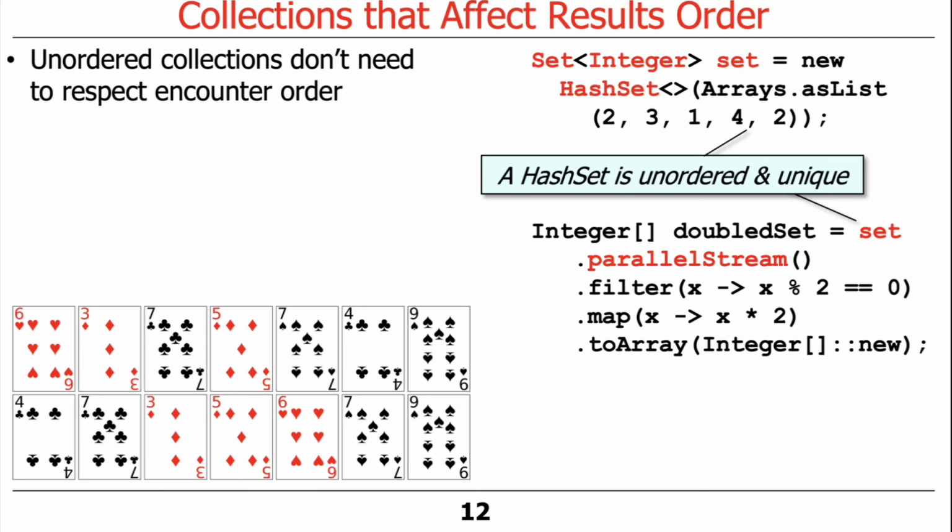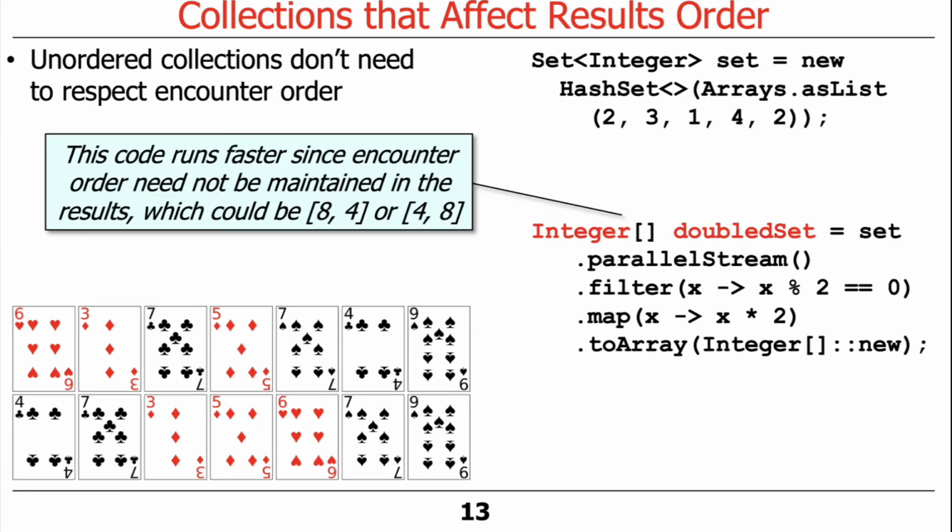So once again, you can see that we create ourselves a list, and then we use that list to initialize the HashSet, and then we set that as the set of integers. Once again, we say set.parallelStream, so now this stuff is going to run in parallel.